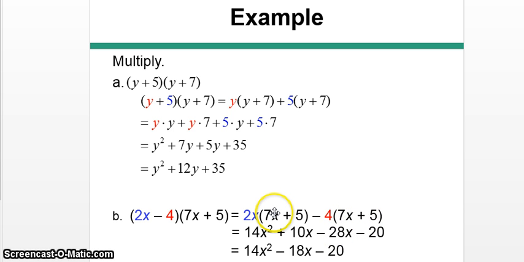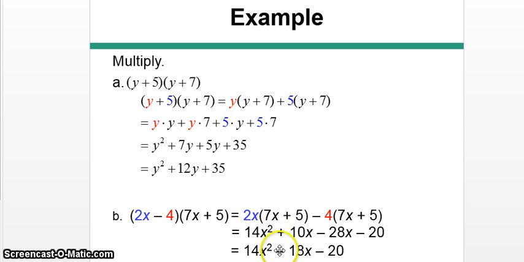2x with 7x, when they multiply, we will get 14x squared. 2x multiplied with 5, we will get 10x. Negative 4 multiplied with 7x, we will get negative 28x. Negative 4 multiplied with 5, we will get negative 20. 10x and negative 28x are like terms, so we can subtract them.